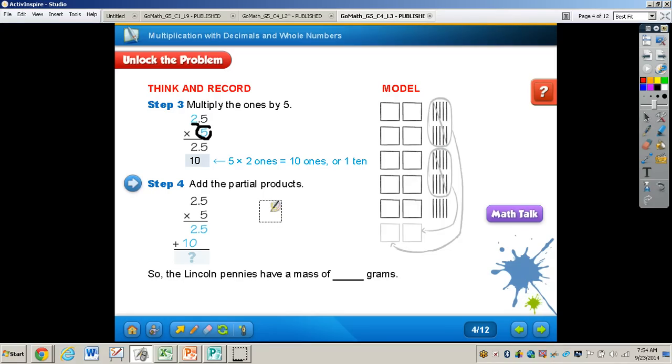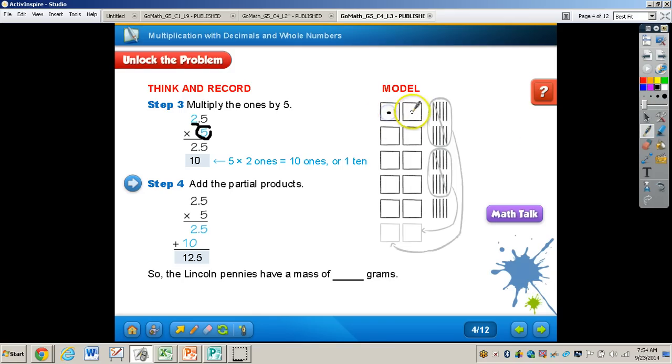Okay, now the next thing we can do is we can add the partial products together. We have 2 5/10 plus 10. It's very, very important that you line up the place value. Okay, so we can see 12 5/10, and we can also see that with our drawing.